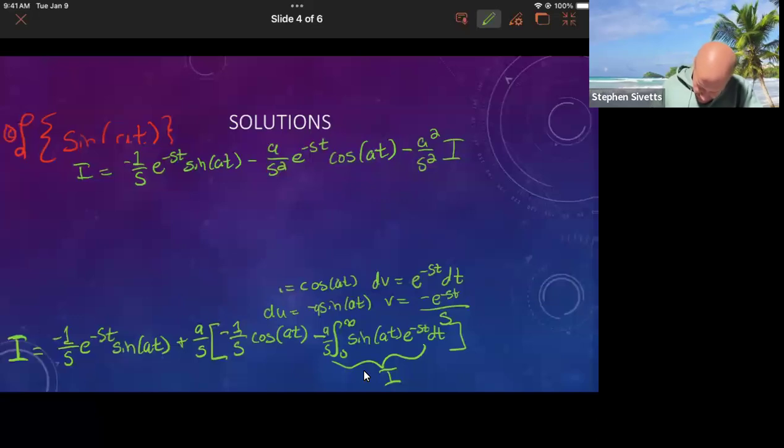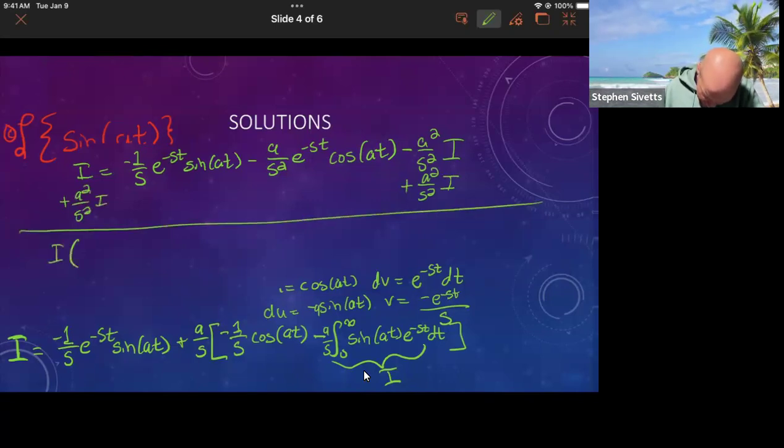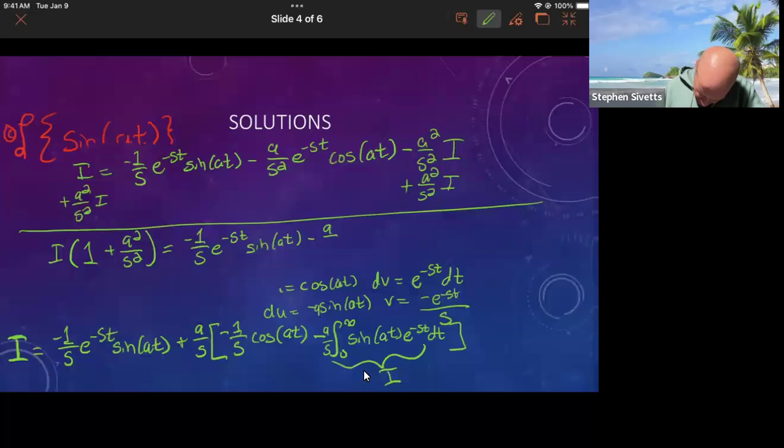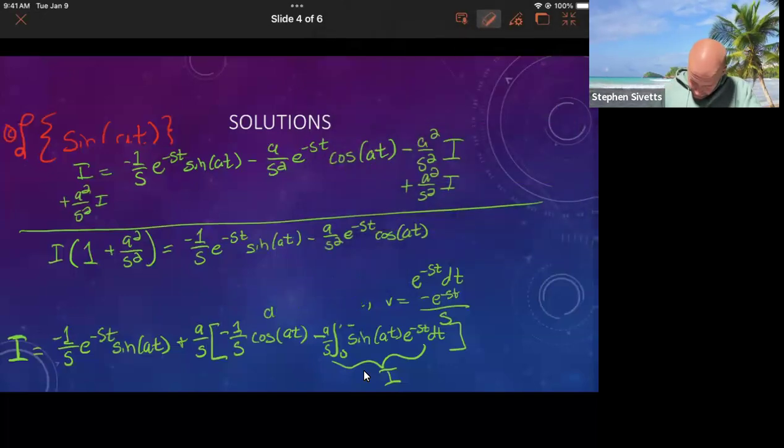And so if we add this quantity to both sides, what we'll have is I times the quantity, equals minus 1 over s e to the negative st sine at minus a over s squared e to the negative st cosine at. Okay, great. So we know what I is.